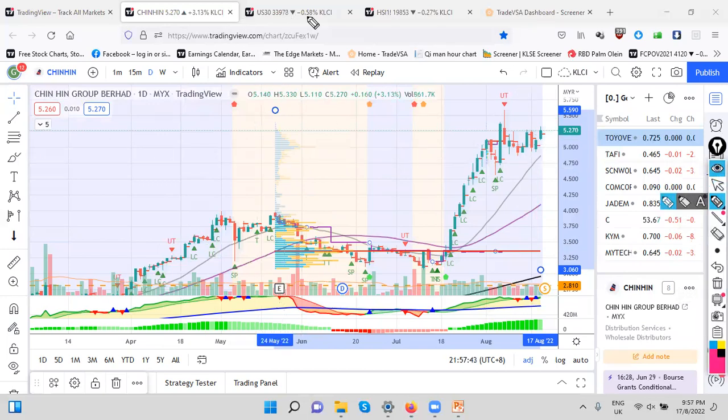Because, for example, anything hit by a black swan, or market condition or problem, or the big boss wants to distribute, this one can still drop, and your volume is moving up.